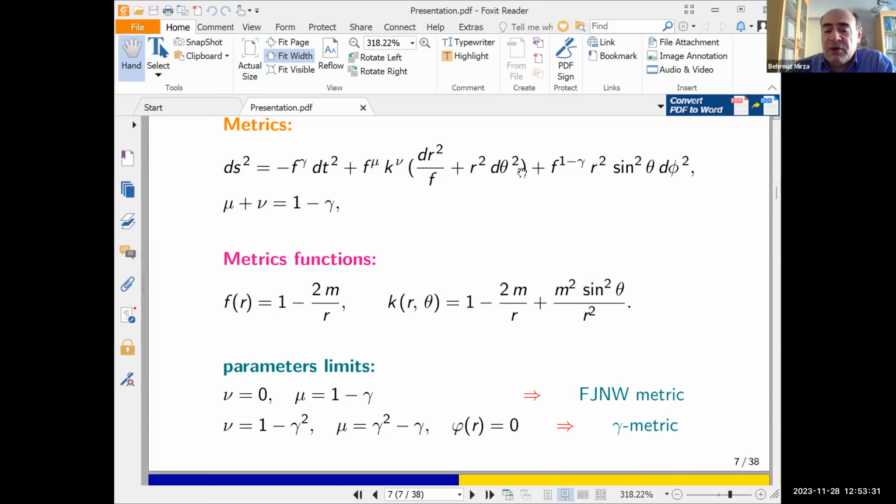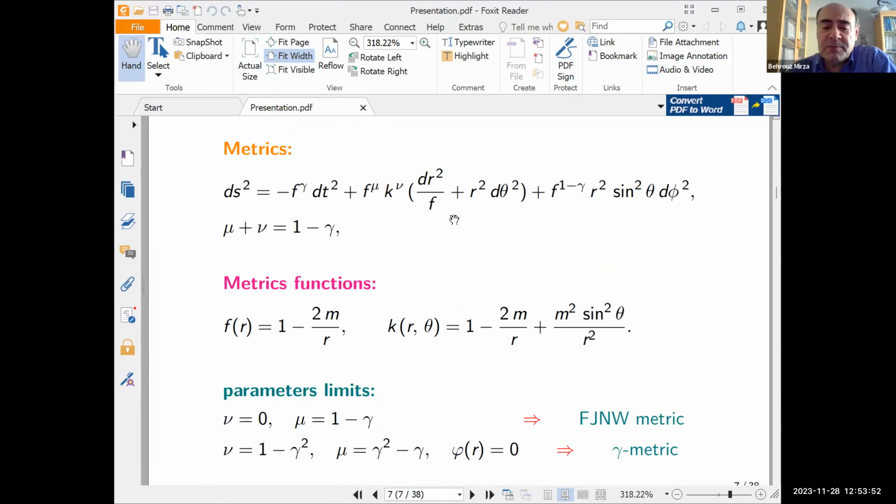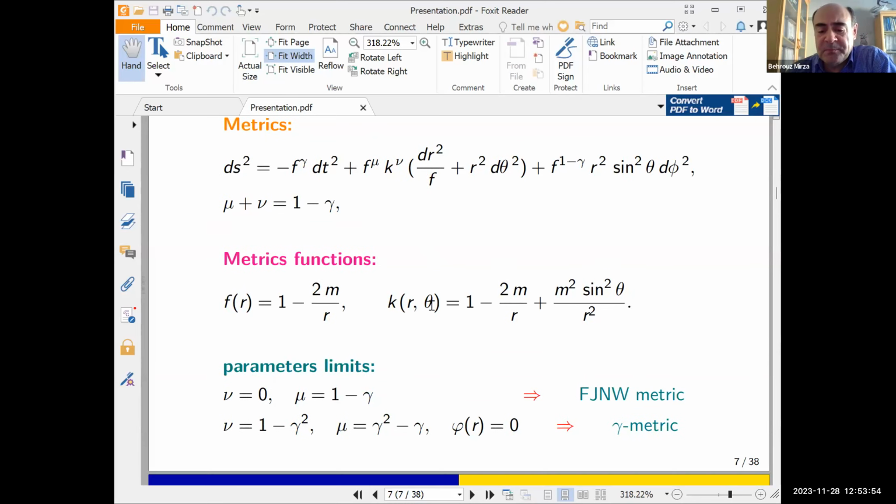And this set of metrics that we have found could all be other candidates for the center of our Milky Way. It depends on the choice of these parameters, mu and nu. And this is why this set of metrics might be significant in observational physics.